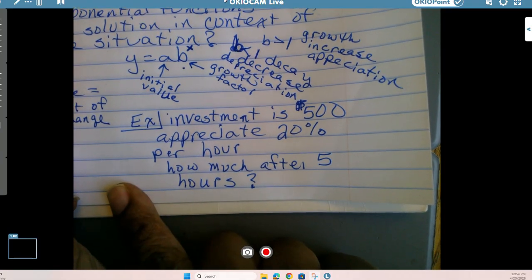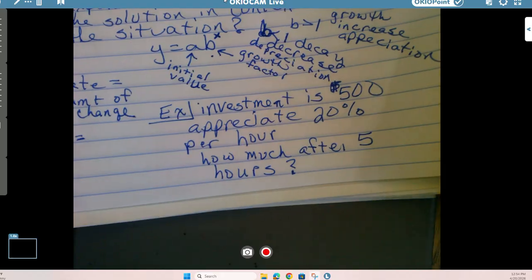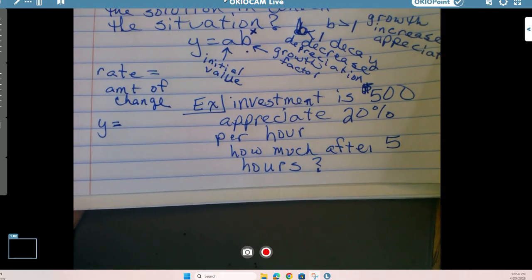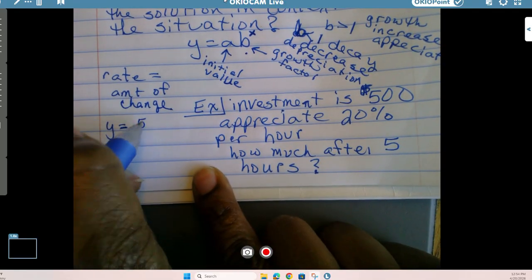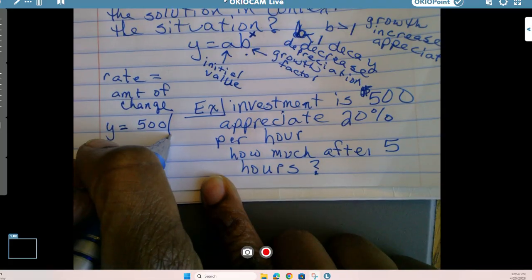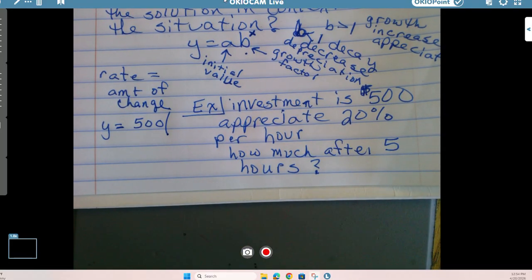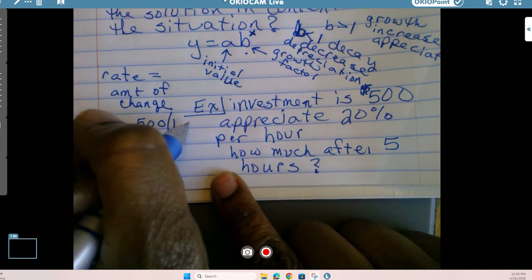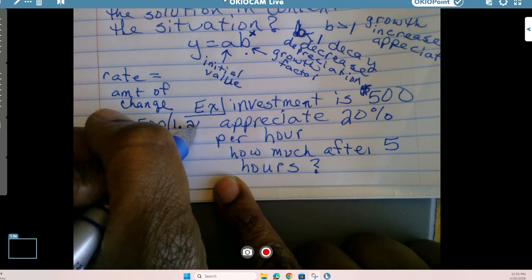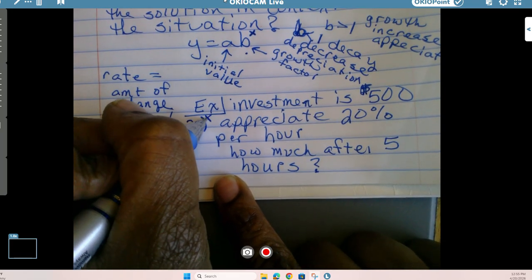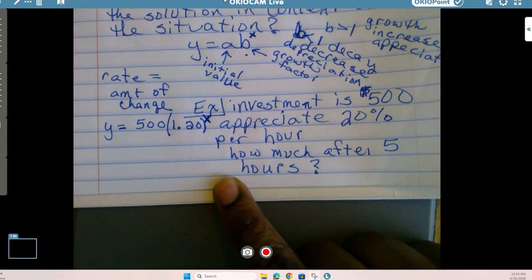The equation is y equals 500 times, if something is going to grow at a rate of 20%, then the growth factor is 1.2 raised to the x power.